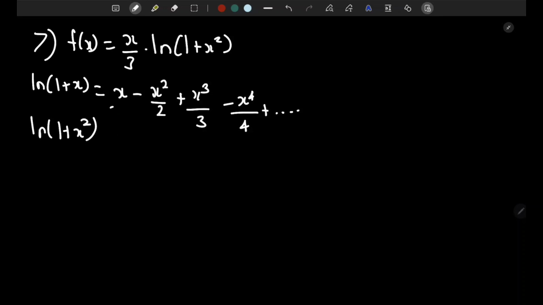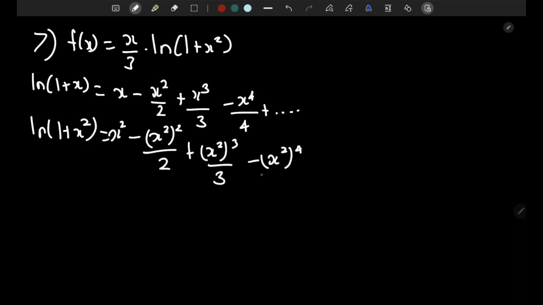So whenever we see x here, we can just replace it with x squared. So we would have x squared minus x squared squared over 2 plus x squared to the power of 3 over 3 minus x squared to the power of 4 over 4, and so on, right?